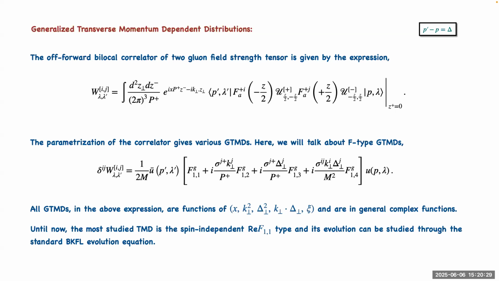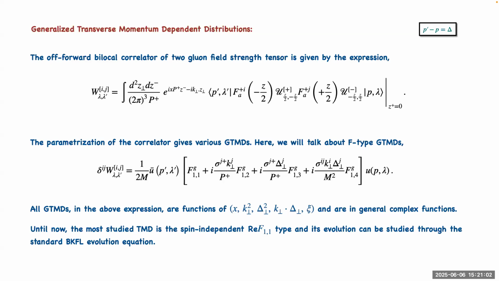You may ask how these GTMDs are important. So there are two types of processes. In an interaction, the particle can either flip its spin or not. These spin flip processes are often considered small, not important at small x physics, because they were thought to be suppressed.